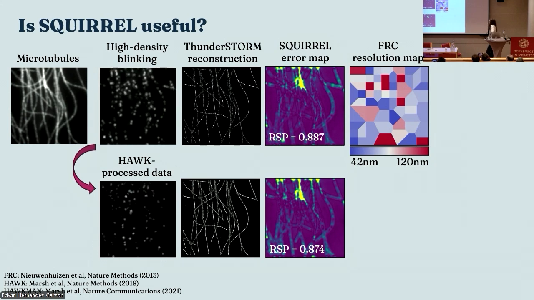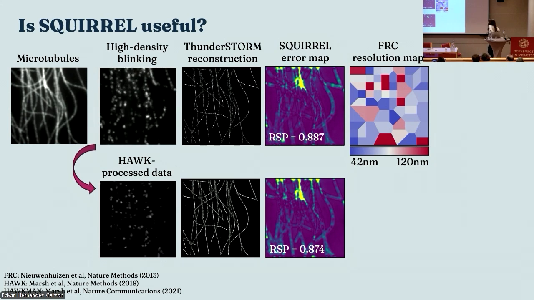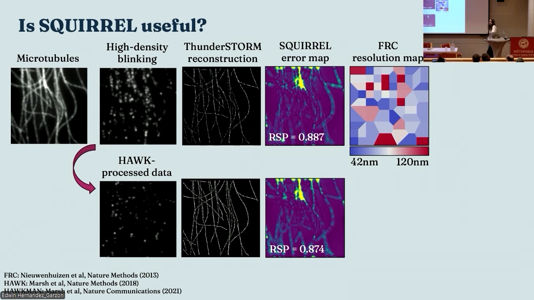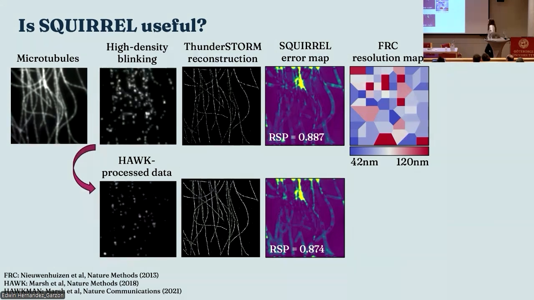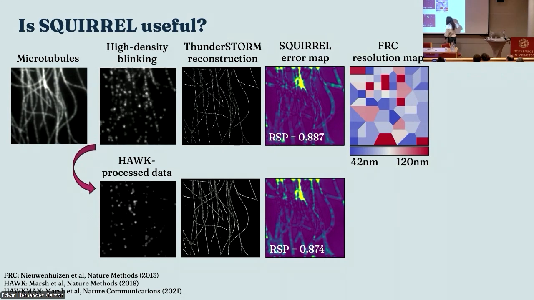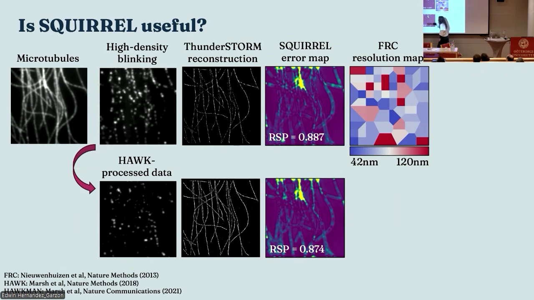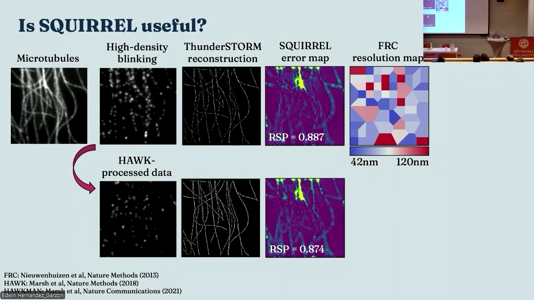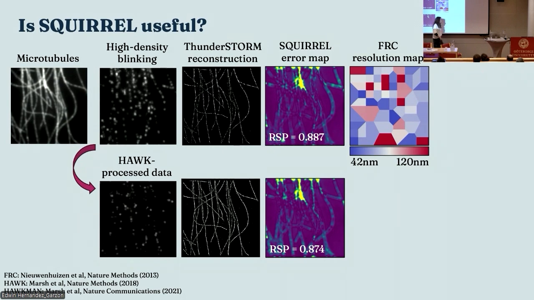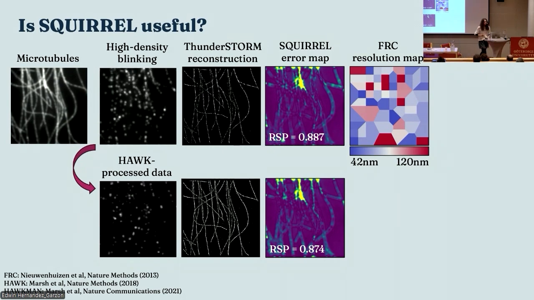Okay? It's worse because Squirrel is very good at telling you where things are linear with respect to your diffraction limited data, but not necessarily some of the structural things, which is not great, right? It's saying there's error here where it's quite good, but that's because we were just brighter in our original image, and that hasn't been picked up by the super resolution data.